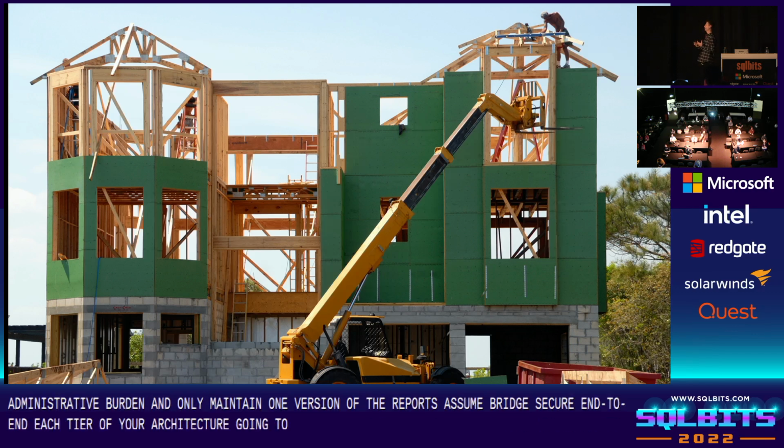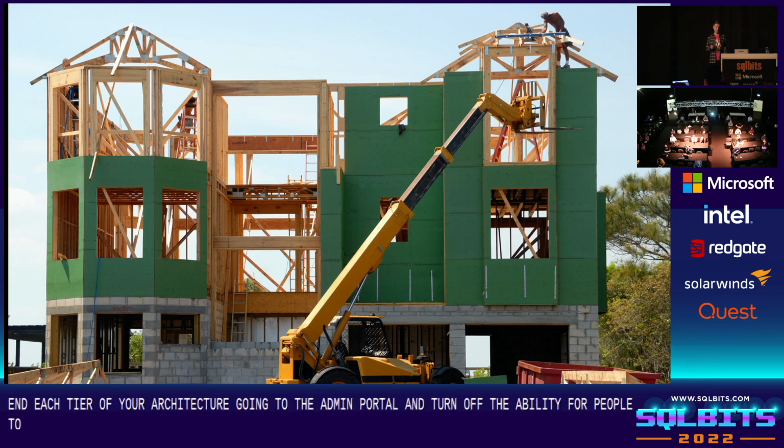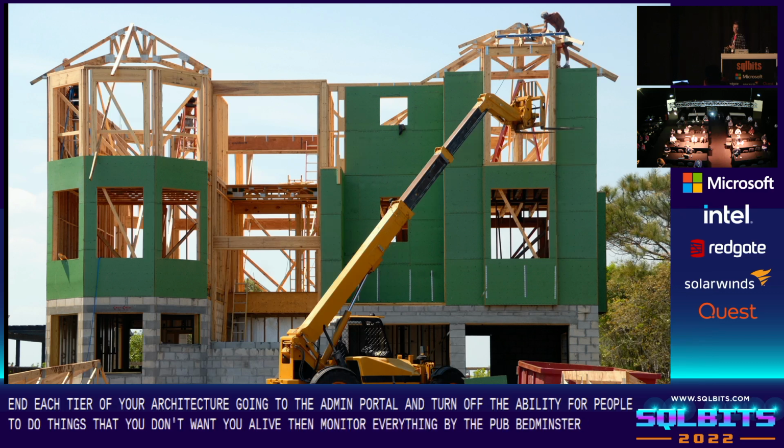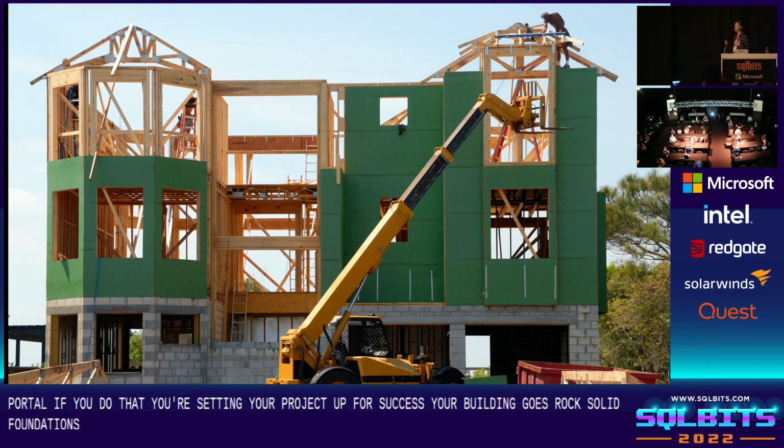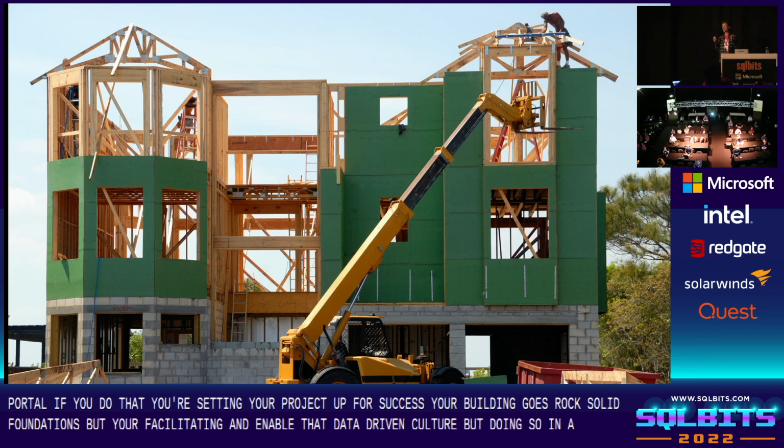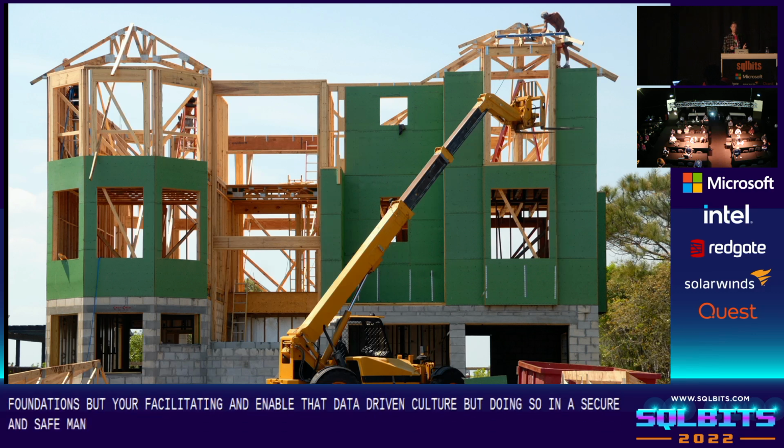Go into the admin portal and turn off the ability for people to do things that you don't want to allow. Then monitor everything via the Power BI Administrator portal. If you do that, you're setting your project up for success. You're building those rock-solid foundations, and you're facilitating and enabling that data-driven culture, but doing so in a secure and safe manner.